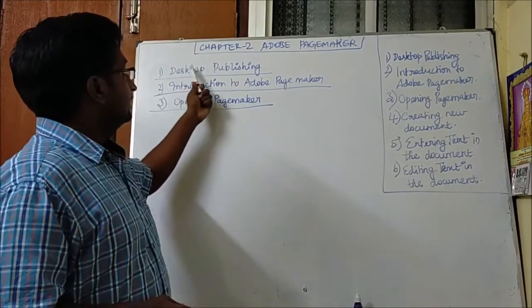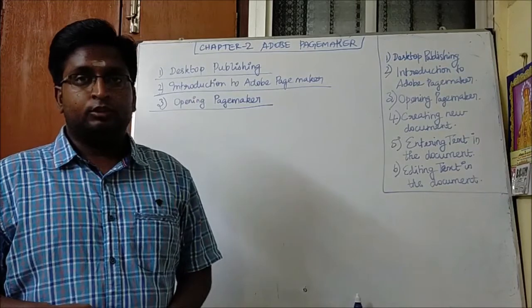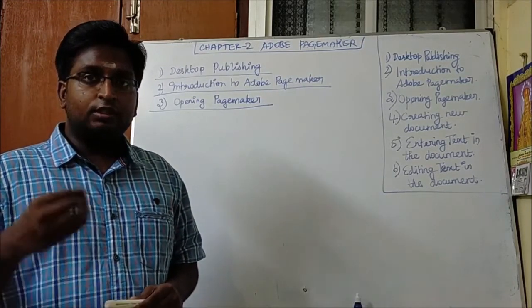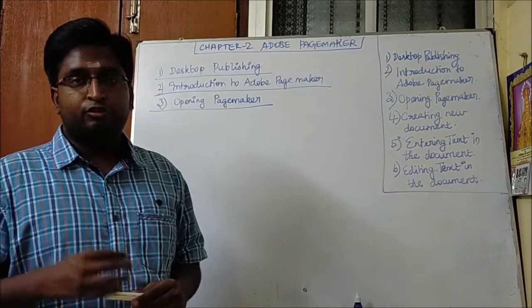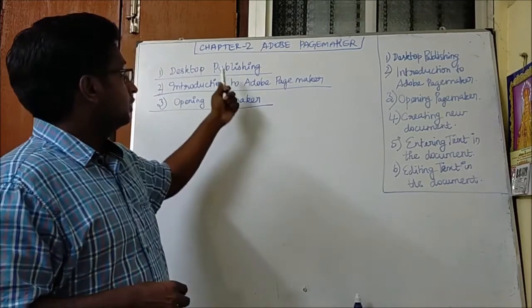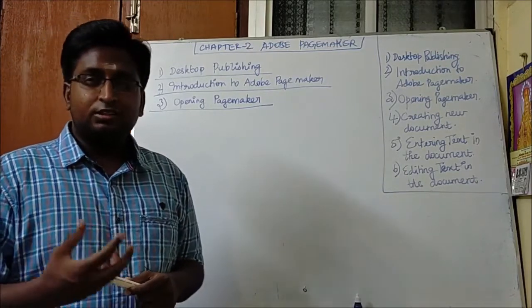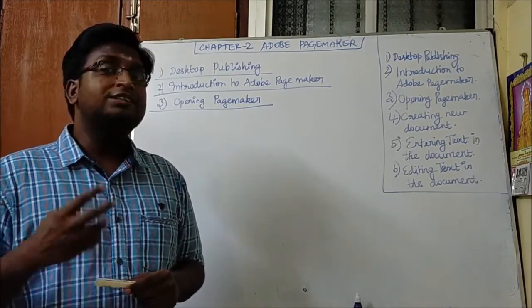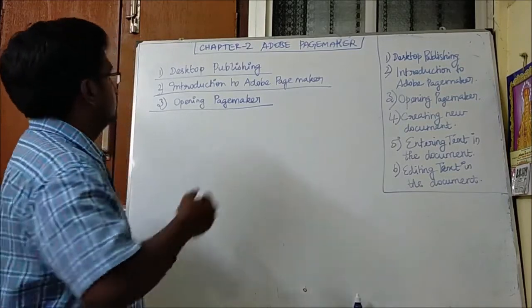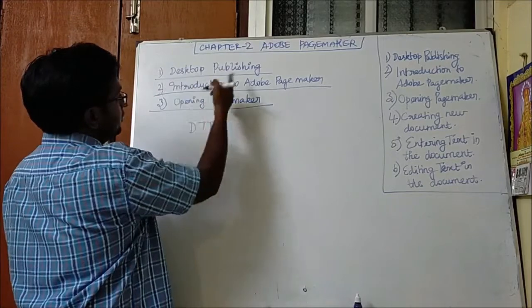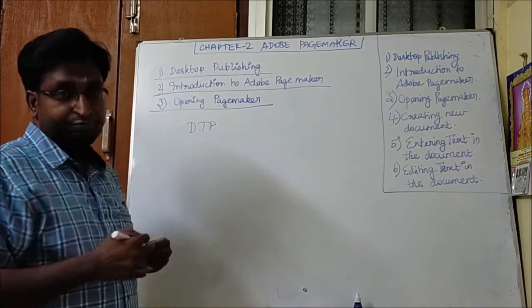So the first one is desktop publishing. Even in the previous chapter we came across the word desktop publishing, and here also we are going to learn about it. So what is desktop publishing? What does it mean? The short form of desktop publishing is DTP.